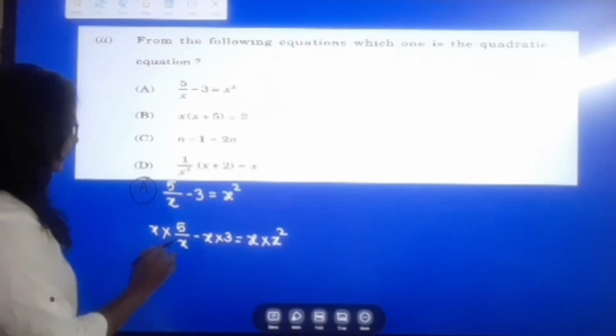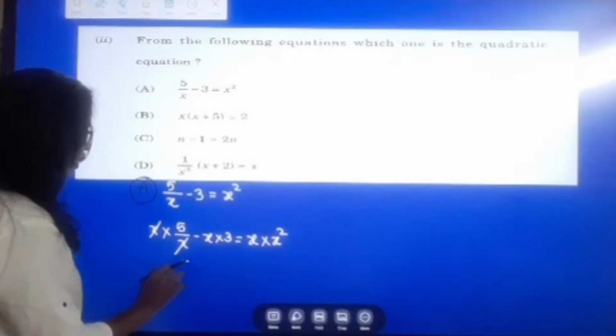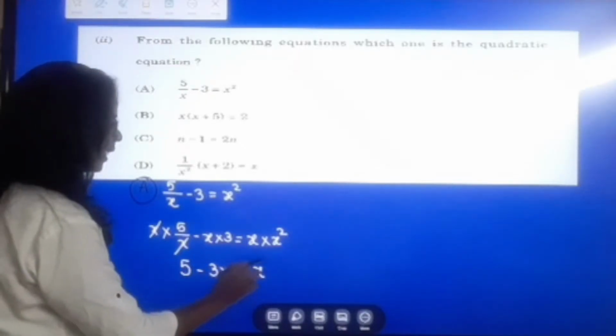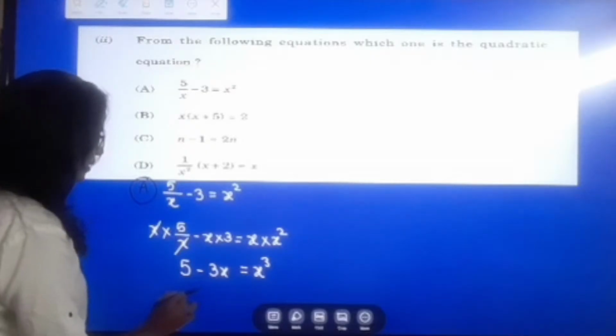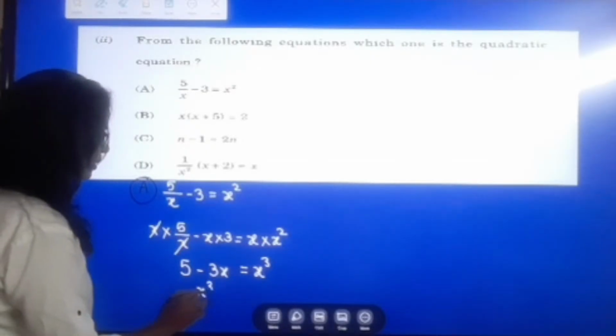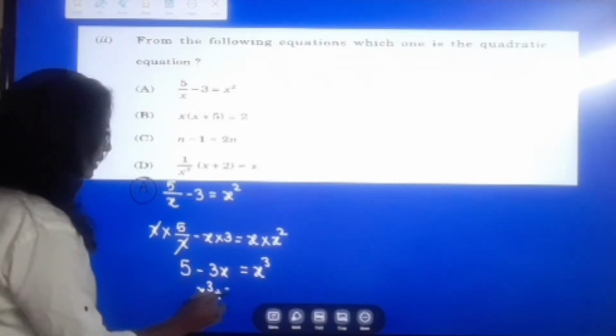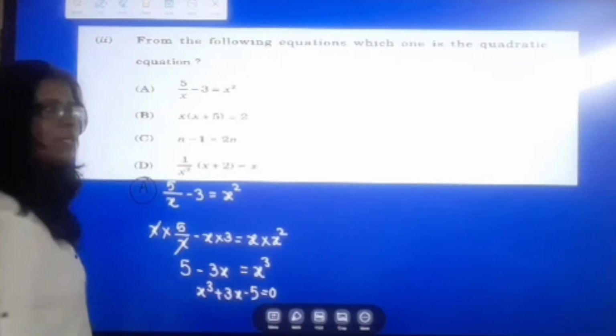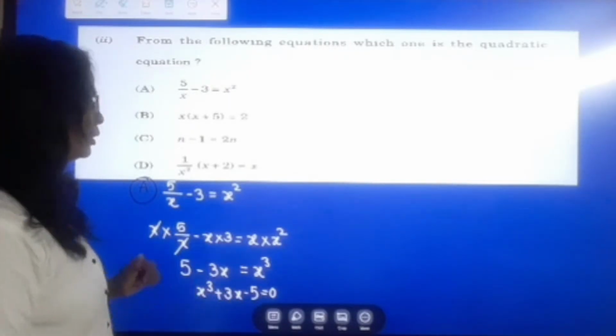The x gets cancelled, so 5 minus 3x is equal to x cube. If you simplify, x cube plus 3x minus 5 is equal to 0.